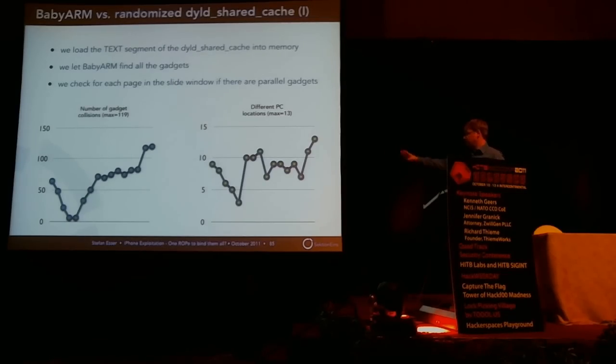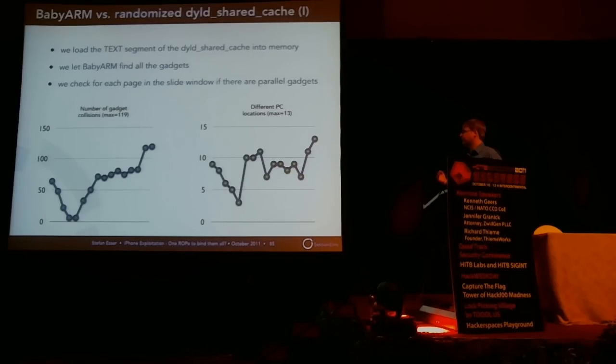You see in the beginning it's medium good. In the middle there are very few gadgets that are colliding, and in the end it's getting better and better, which is just a position inside the file. This is just random. Oh, this is for the iPhone 4. So basically when you do the same thing for the iPad 2, it will be different. We'll see it look different.